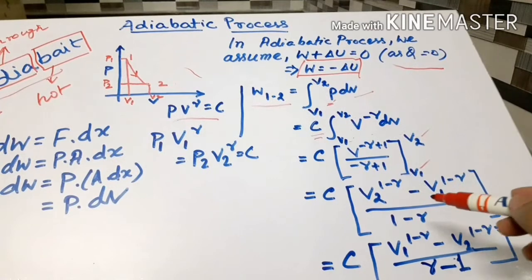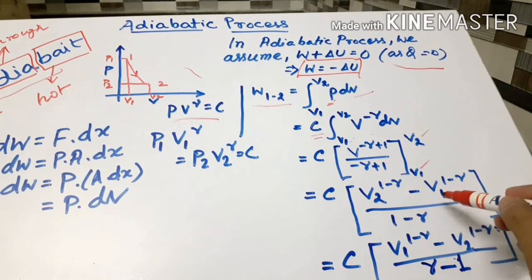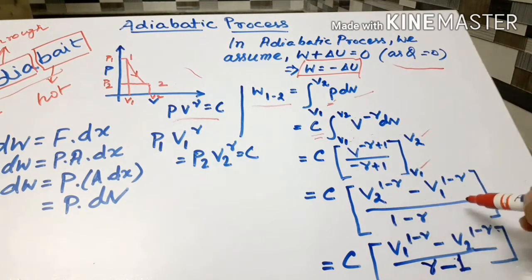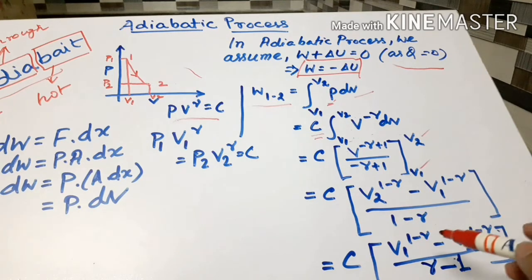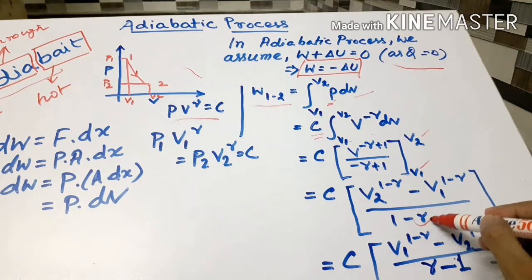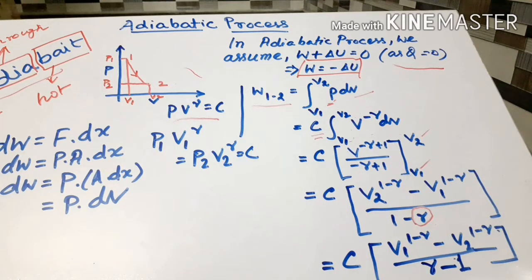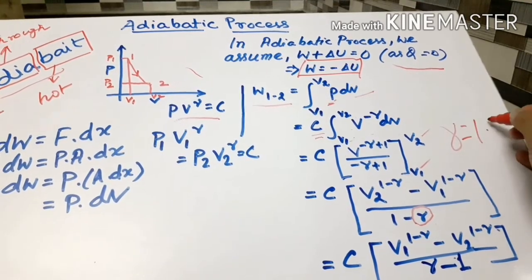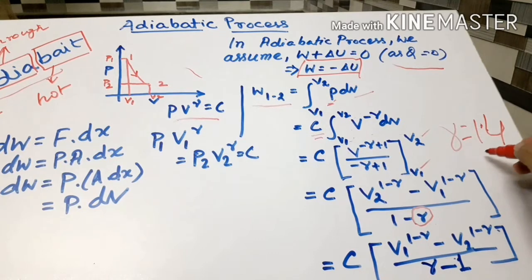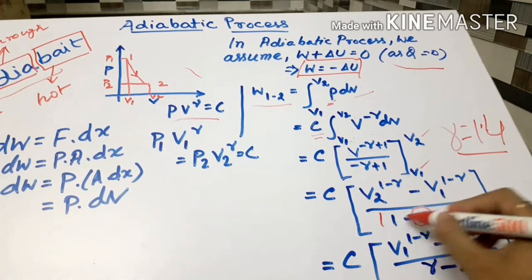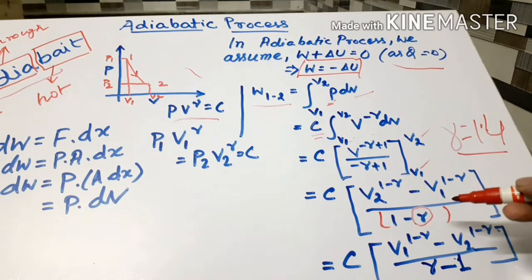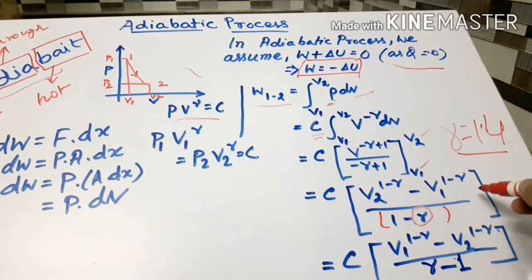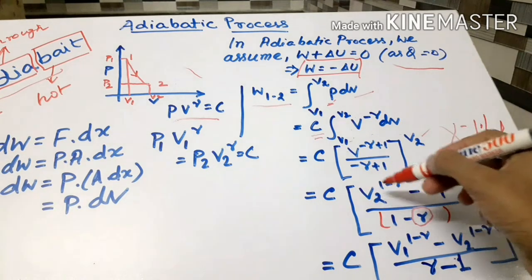So we get V2 to the power 1 minus gamma minus V1 to the power 1 minus gamma, with 1 minus gamma in the denominator. Now gamma is greater than 1, generally for air gamma is 1.4, so 1 minus gamma gives a negative value. That negative value can be neutralized if we take V1 to the power 1 minus gamma in front of V2 to the power 1 minus gamma.